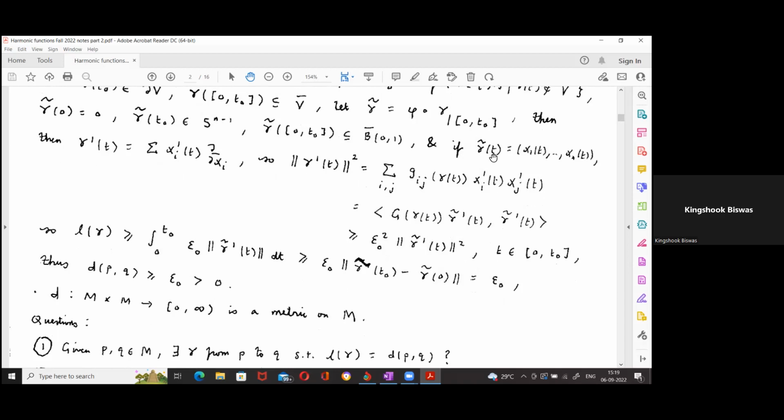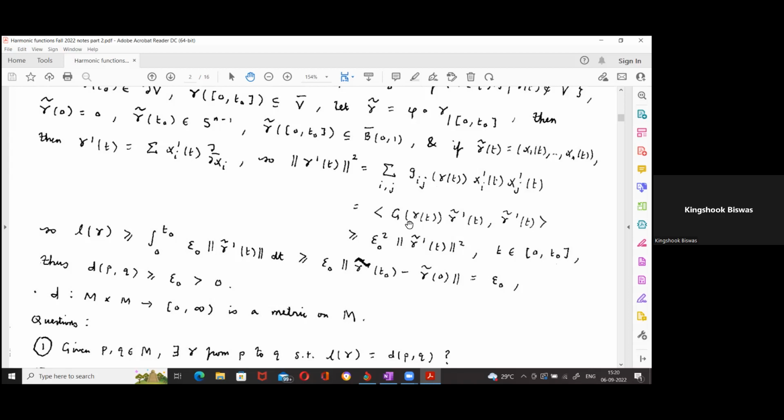Now if gamma tilde of t has coordinates x1(t) to xn(t), then we know that gamma prime of t is equal to the summation of xi prime(t) del del xi. And so the norm of gamma prime(t) squared is the summation of gij(gamma(t)) xi prime(t) xj prime(t).